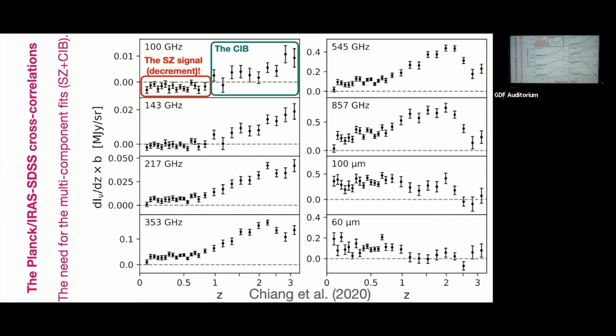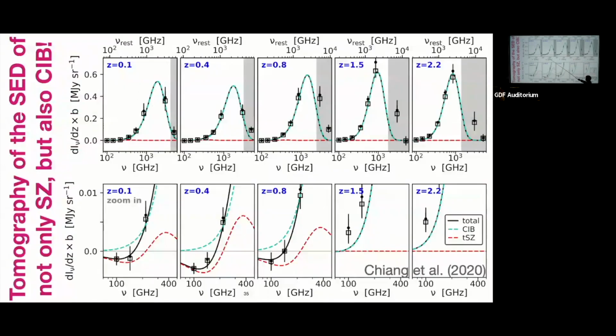Okay. So we do simultaneous modeling of SZ and CIB to extract the SZ signal. And this is now the spectral energy distribution of the signal we're seeing. So at redshift 2.1, we get SZ here. Actually, this is a zoom in of this. Here, it's negative, but then quickly you get something like a modified black body for dust emission.